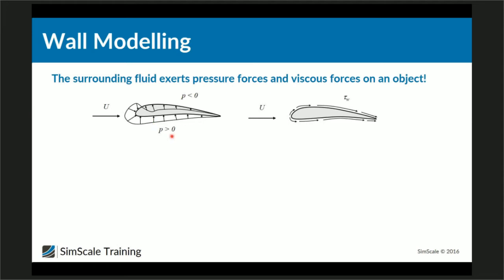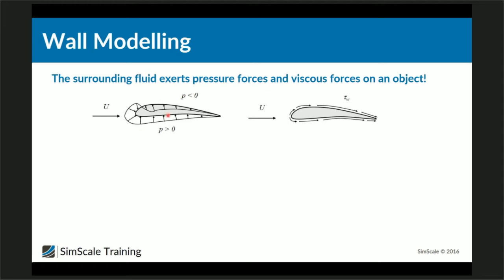And if you integrate the pressure distribution over the surface, or using the surface normal, calculating the product of surface normal and pressure scalar, will give you the pressure force, which has a lift and a drag component.